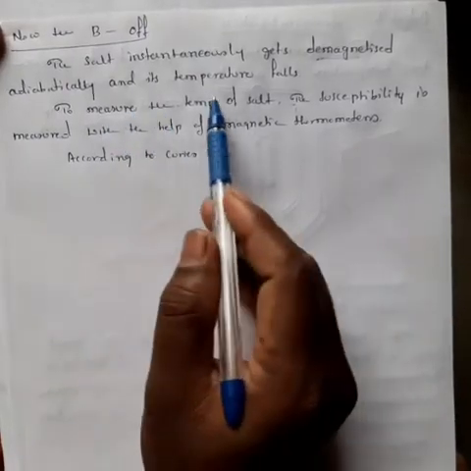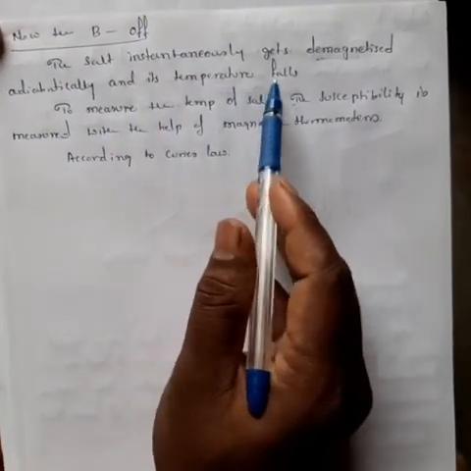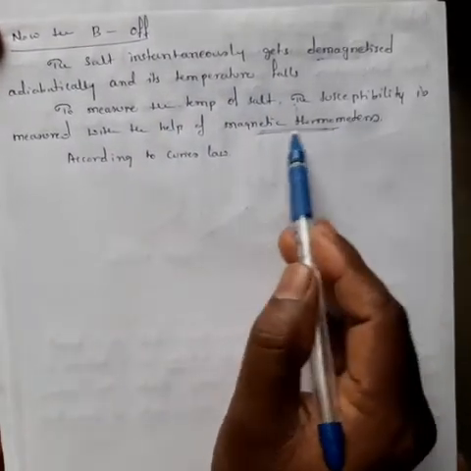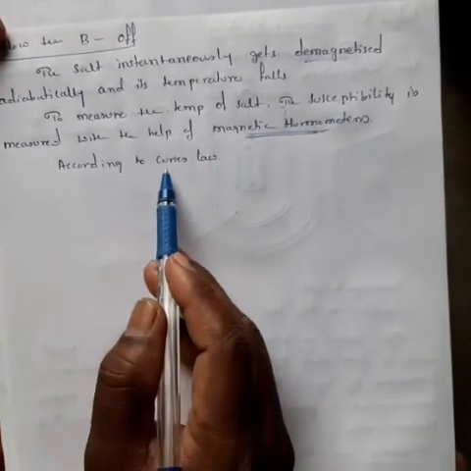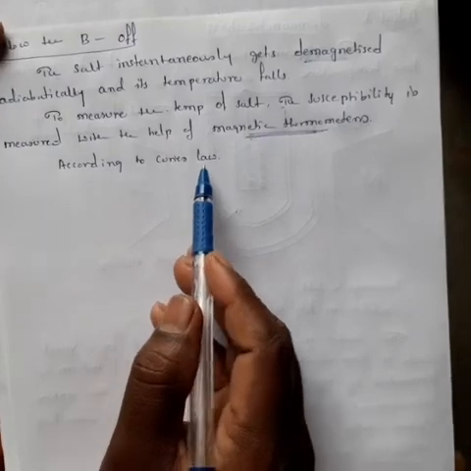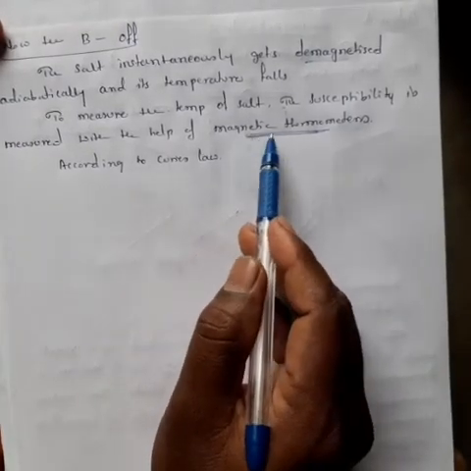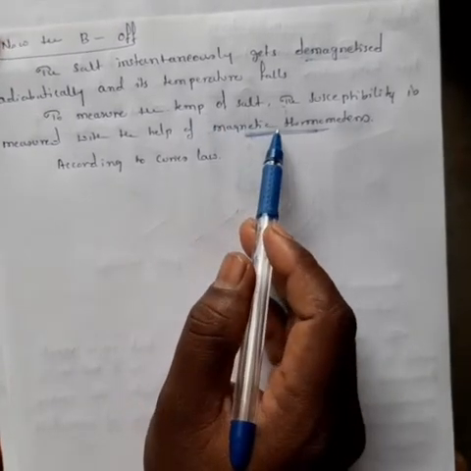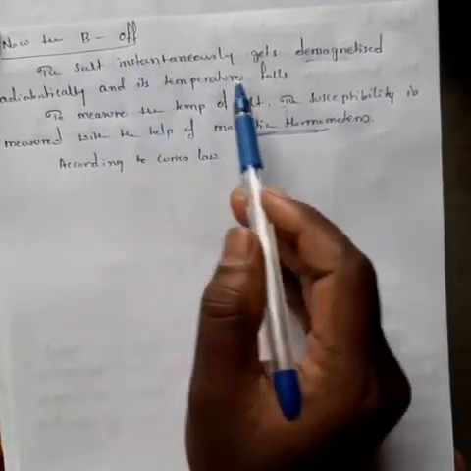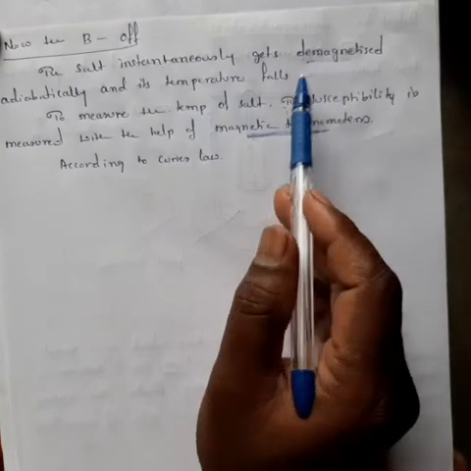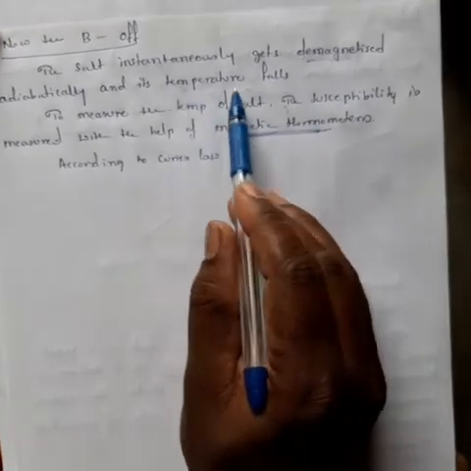Now to measure these low temperatures, we have to use magnetic thermometers, by measuring susceptibility according to Curie's law. When we switch off the electromagnetic field, the salt gets demagnetized, and at that time a low temperature is produced.